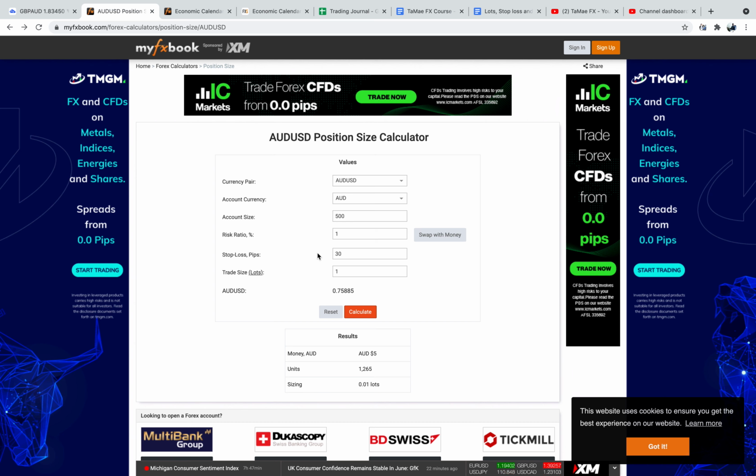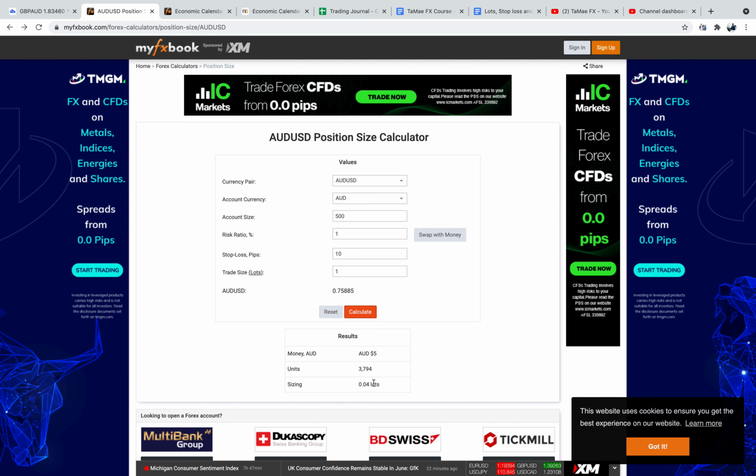Okay, then there are scenarios where, as a beginner, for example, we had a 10 pip stop loss here, and say calculate, and it says 0.04. As a beginner, I advise you to use 0.01 until you reach consistency.